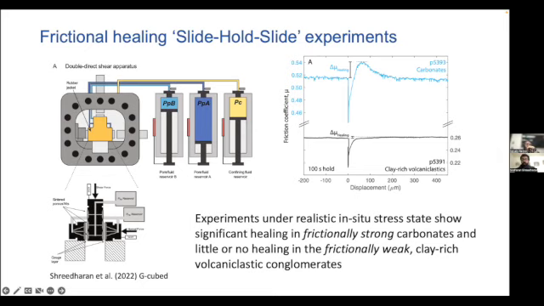To provide a broad overview, we saw significant healing on the frictionally strong carbonates, which may be more important as we go south along strike, along the margin. But here in the north central margin, the volcanics are frictionally super weak, the more important material, and they basically show little to no healing at all.